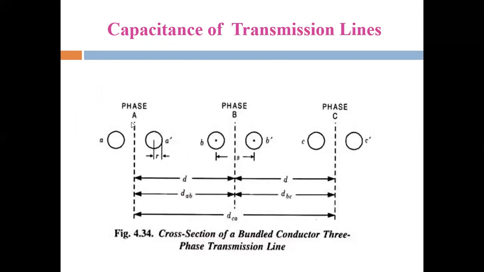This is phase A. In phase A we have the conductors A and A dash. Next, in phase B we have the conductors B and B dash.